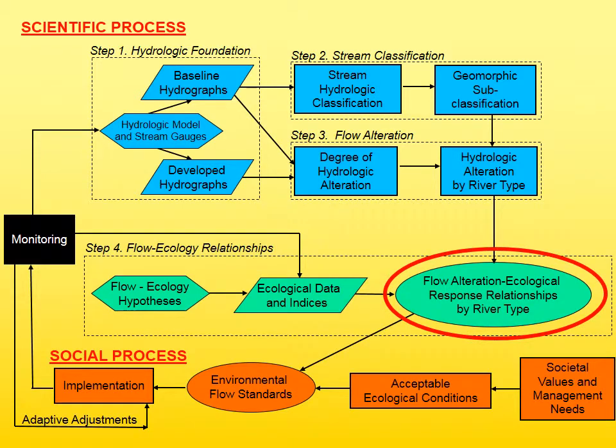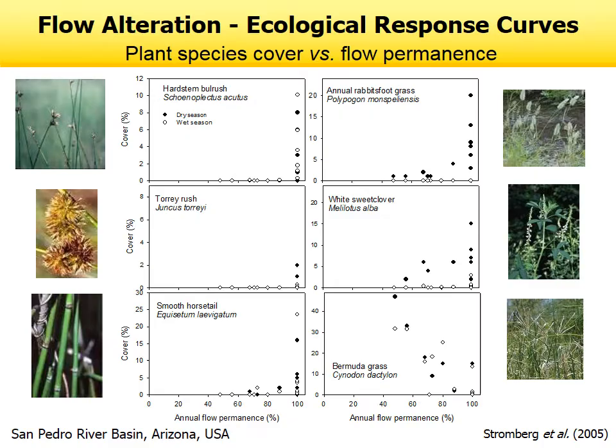One can then go on to look at collecting ecological data, seeing what ecological data exists to support those flow ecology hypotheses. This is an example of empirical data from a stream basin in Arizona. In this case, the measures are actually the cover of plant species along the wetted channels of the rivers in relation to the flow index of flow permanence.